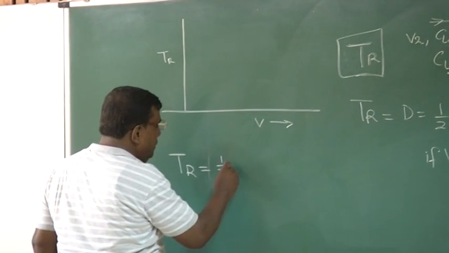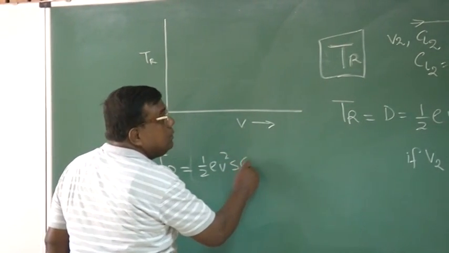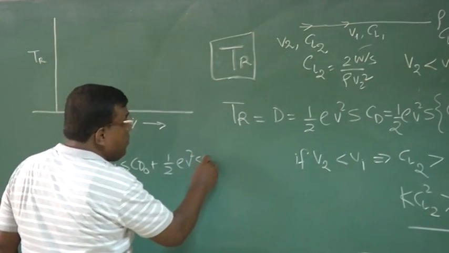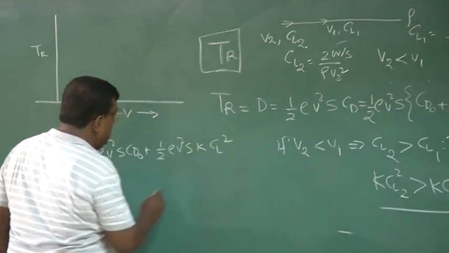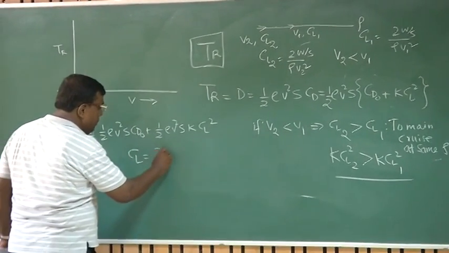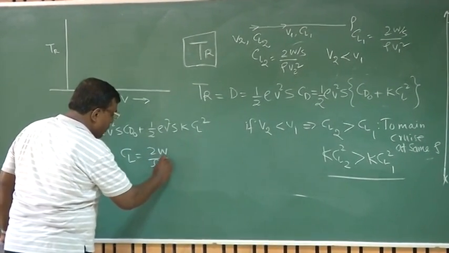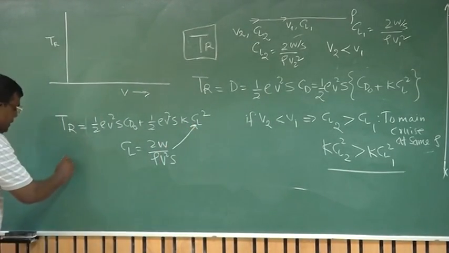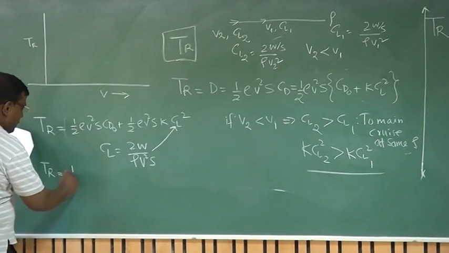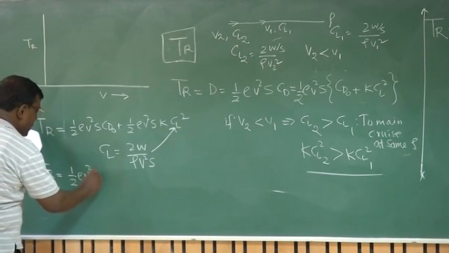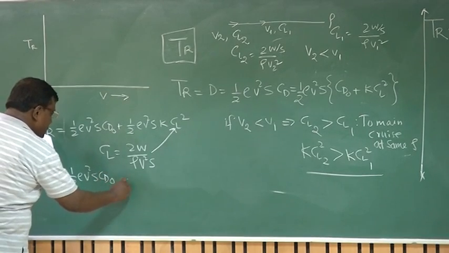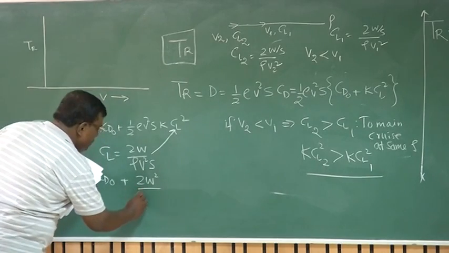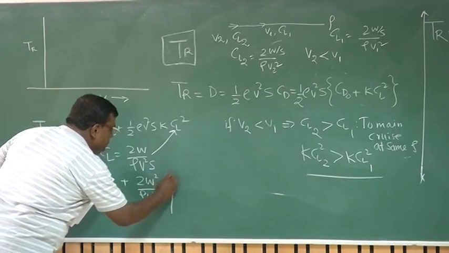Thrust is half rho V square S CD naught plus half rho V square S K into CL square, but we know CL is 2W by rho V square S. So I plug this here. So what do I get? I get thrust required equal to half rho V square S CD naught plus 2 W square by rho V square S.